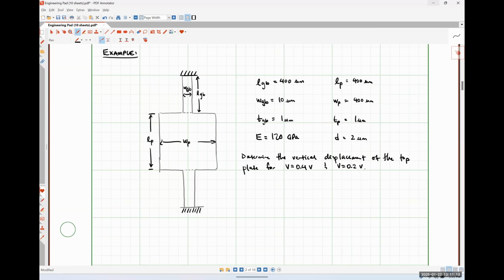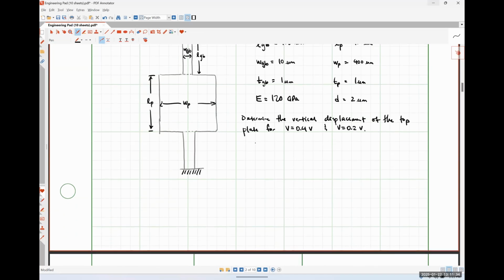Okay. So we're essentially trying to solve for X, the displacement, given two different voltages. So I think the first thing that we probably need to sort out is what our mechanical spring constant is going to be in this system. Does that seem like a reasonable place to begin?